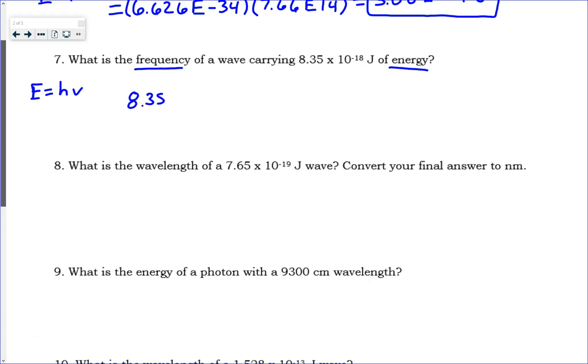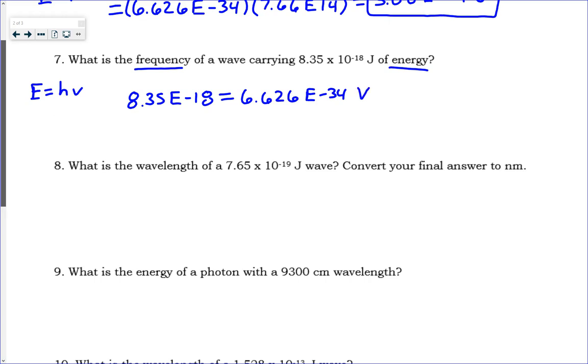So we've got 8.35 times 10 to the negative 18th equals Planck's constant, 6.626 times 10 to the negative 34th, times nu.